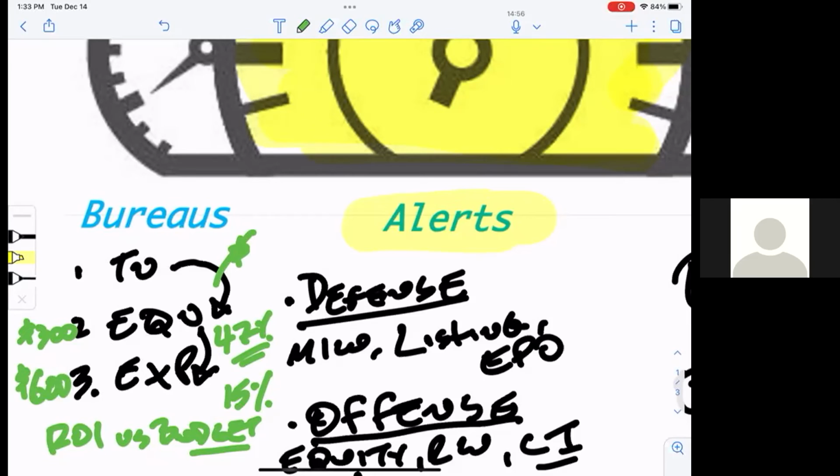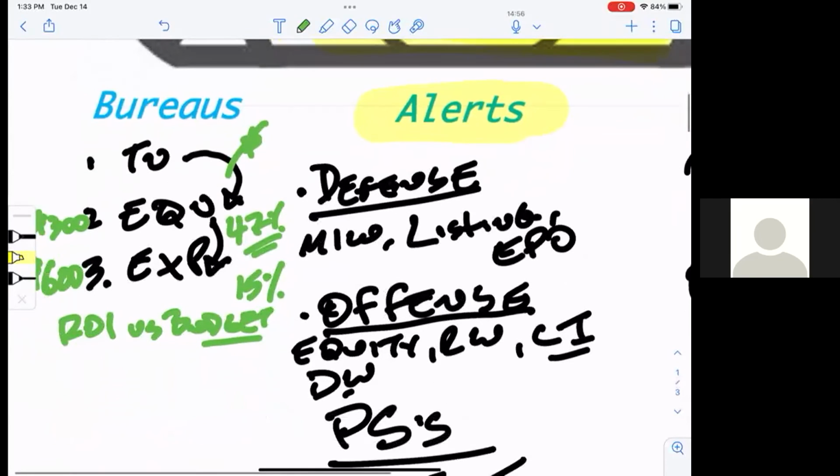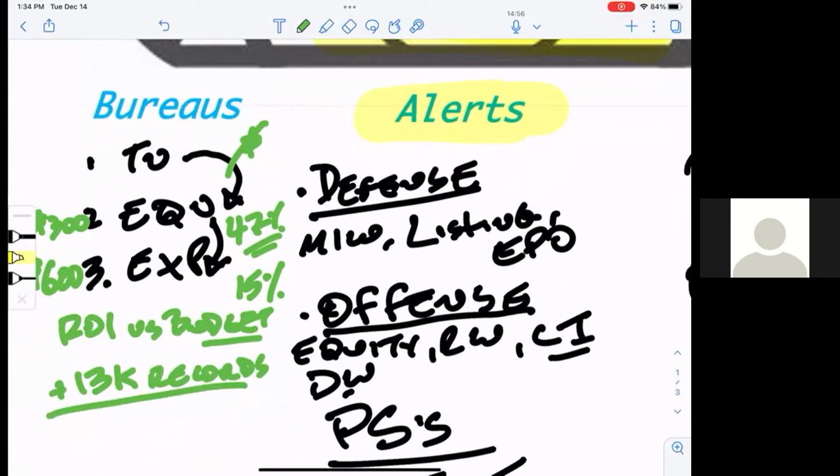So what we found is that for lenders that have more than 13,000 records, kind of going back to our other records conversation, the investment to have dual and or tri-bureau is immensely a positive gain for the organization, for the lender.